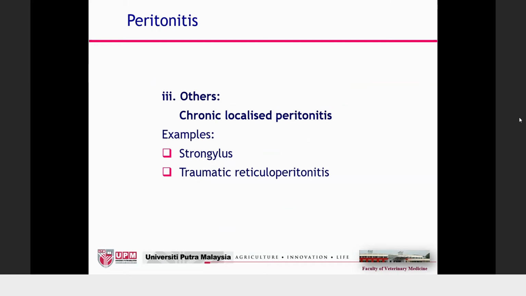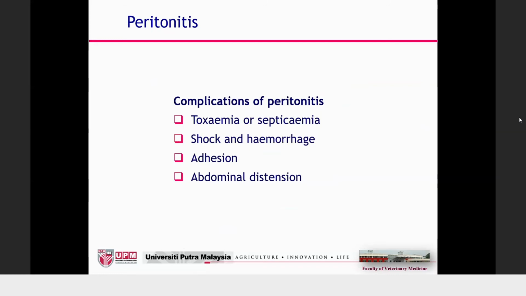Traumatic reticular peritonitis, in advanced stages, could lead to damage of the diaphragm as well as the heart, due to the foreign materials. I think we have discussed that also. And sometimes in cases of Strongylosis, they are more of a chronic localized peritonitis.